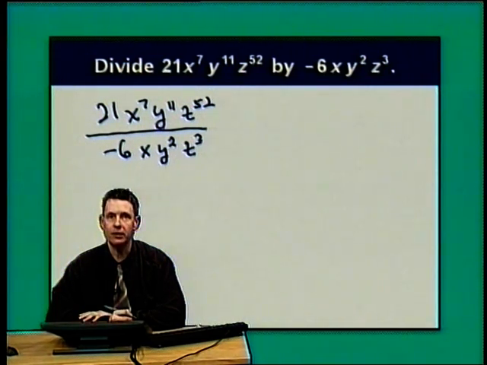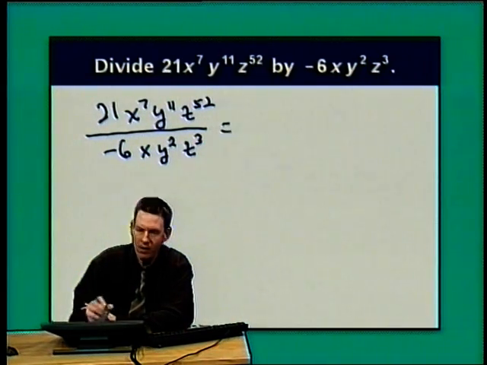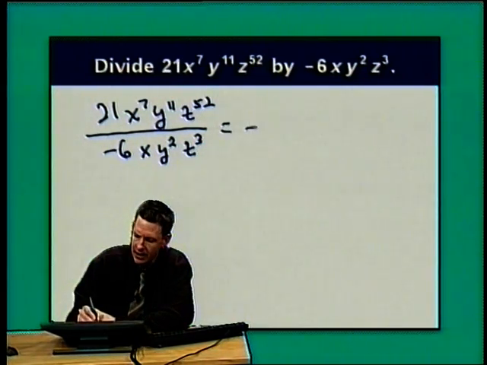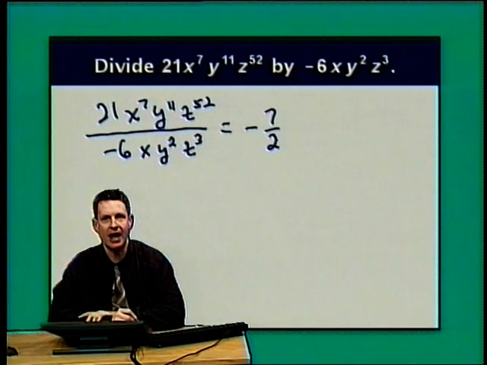The coefficient would be 21 divided by negative 6. 21 and 6 are both evenly divisible by 3. And when I factor out 3 over 3, I leave behind a factor of 7 in the numerator and a factor of 2 in the denominator. So the coefficient on the simplification here is going to be negative 7/2.